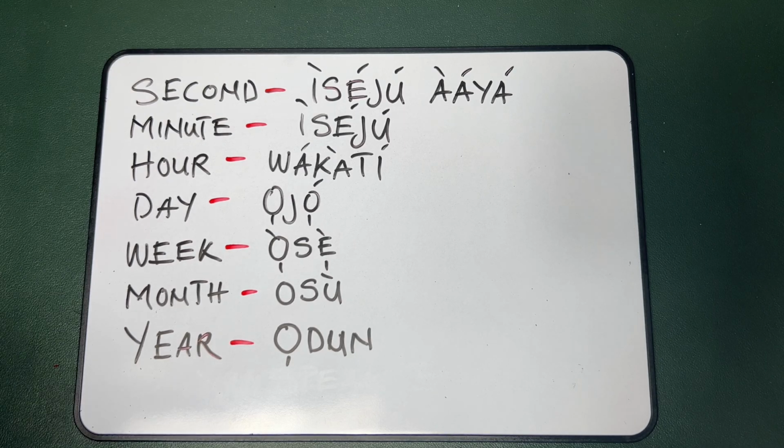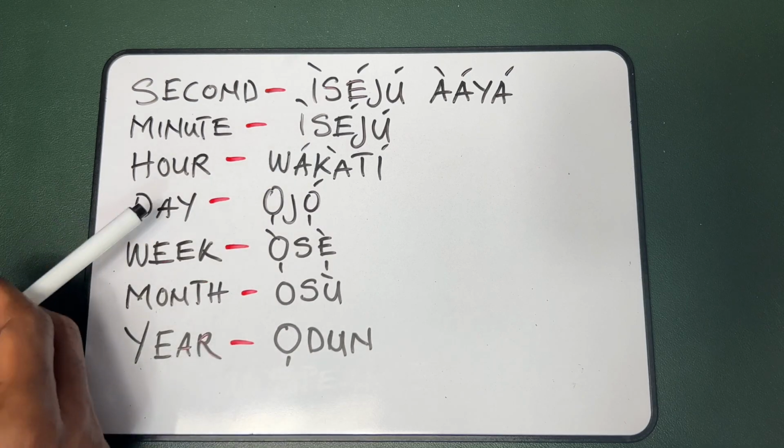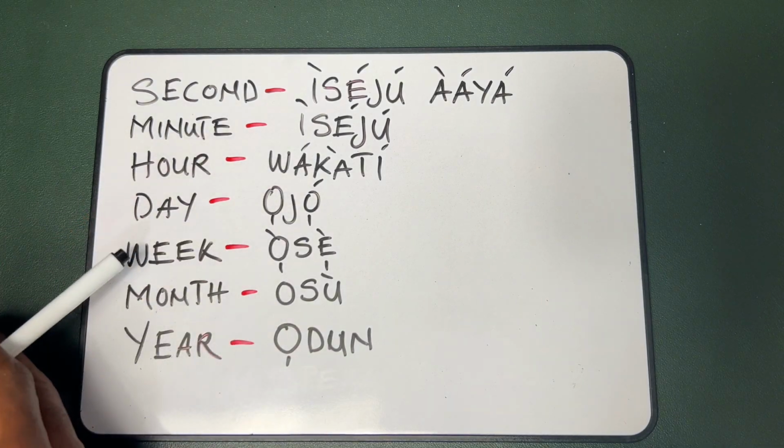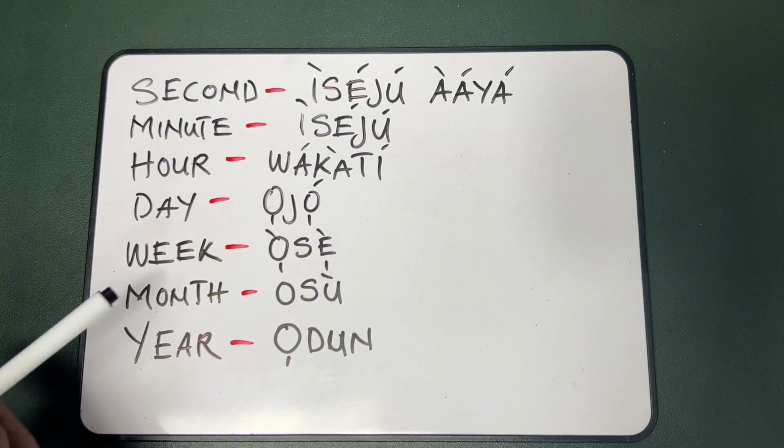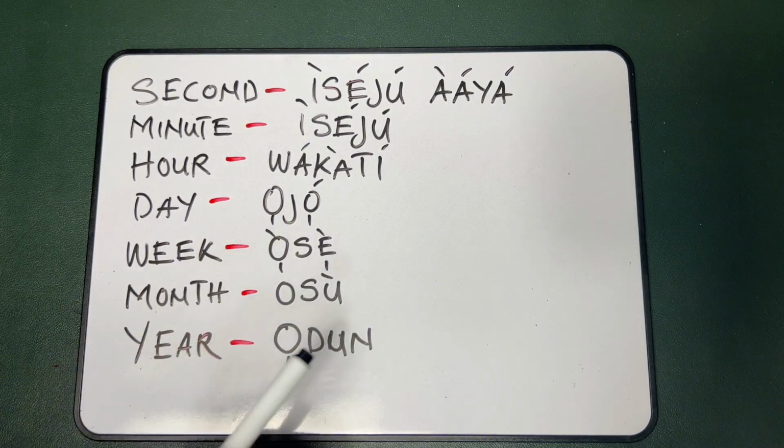So if you remember the numbers from the numbers video, and if you don't know the numbers, you can just click the top right hand corner of your screen to watch numbers. I just want to use the numbers now to illustrate how you would use these words. So second is ìṣẹ́jú àáyá, minute is ìṣẹ́jú, hour is wákàtí, day is ọjọ́, week is ọ̀sẹ̀, month is oṣù, year is ọdún.